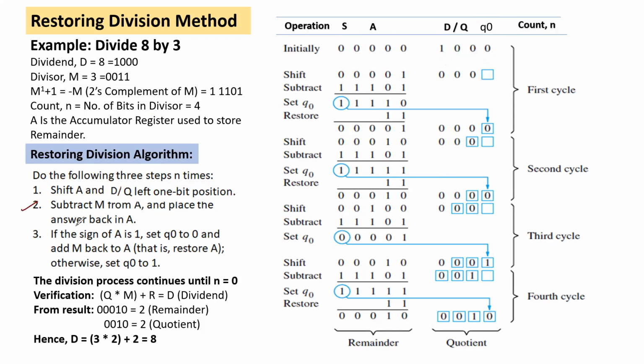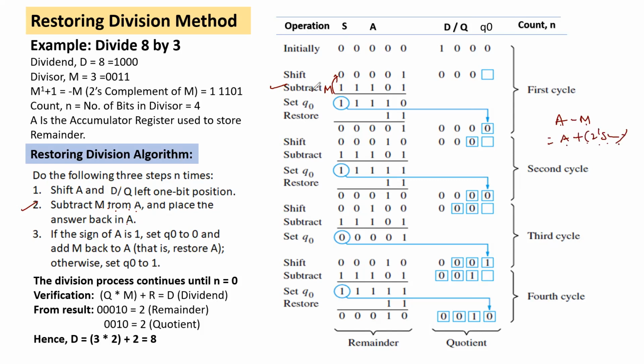According to the second step, subtract m from A. This is for every partial division we have to perform. Already we have seen it in the previous example: subtract m from A and place the answer back in A. That means the second step is subtraction. Subtract means we have to add the 2's complemented value of m to the previous accumulator, that is A minus m, which is A plus the 2's complemented value.